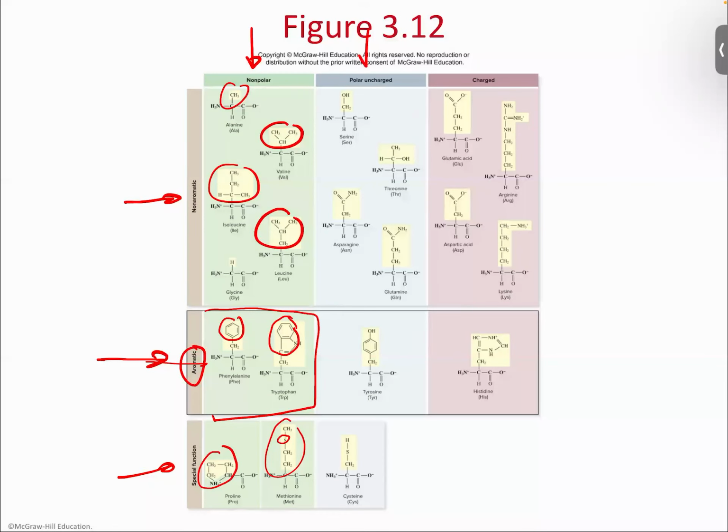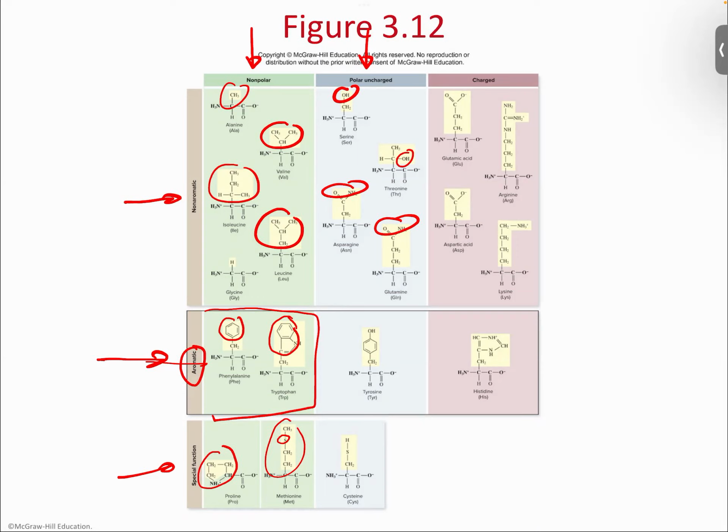Now, in the next column down, you have your polar uncharged. And remember, we said that if you're polar, you're likely going to have either oxygen, electronegative, or nitrogen, electronegative, or perhaps both, right? So when you take a look at the side chains here, you can see you got an oxygen there, an oxygen there, both of them there, both of them there. That gives you this potential to be very polar in nature.